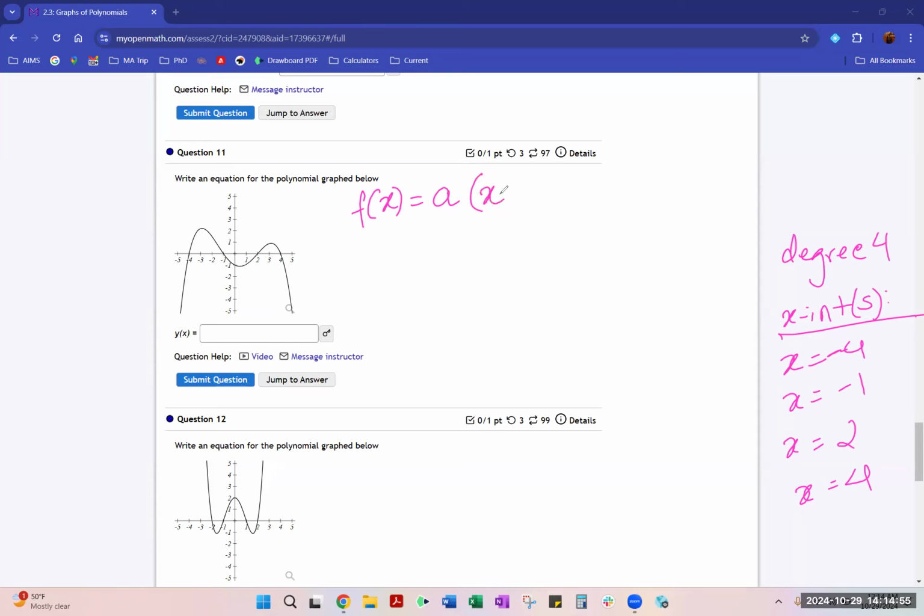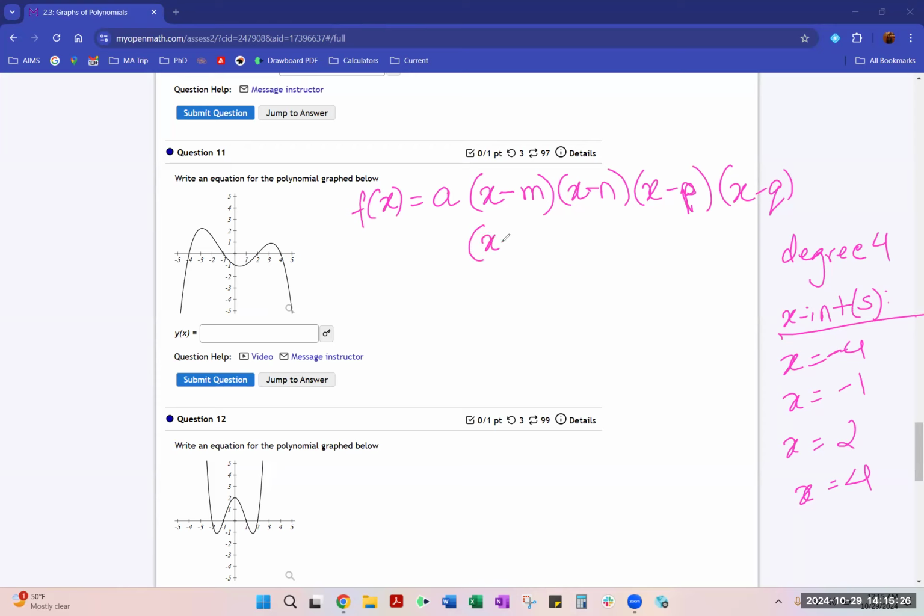And then since we know this is a 4th degree polynomial, we should have 4 factors, right? And I'm just using generic M and P and Q as our variables, but basically, since we know what all 4 of those x-intercepts are, we can actually come up with what each of these factors are going to be.